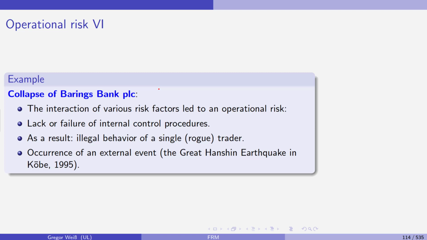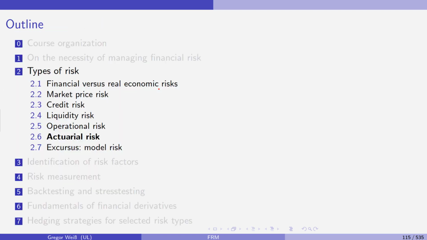And then you also had the occurrence of an external event, the Great Hanshin earthquake in Kobe in 1995, which led to the downfall of Barings Bank, because then the rogue trader, who wasn't checked, who wasn't controlled, who traded on his own account and piled up huge losses, the external event exposed this and led to even higher losses. So you had three different types of operational risk combined, leading to this huge failure.